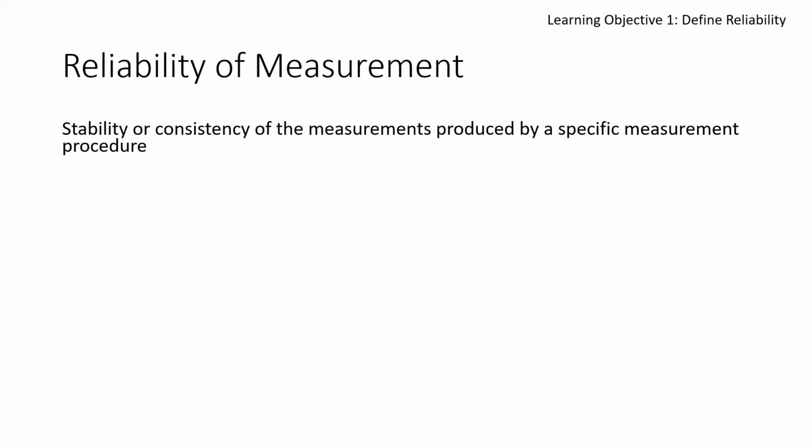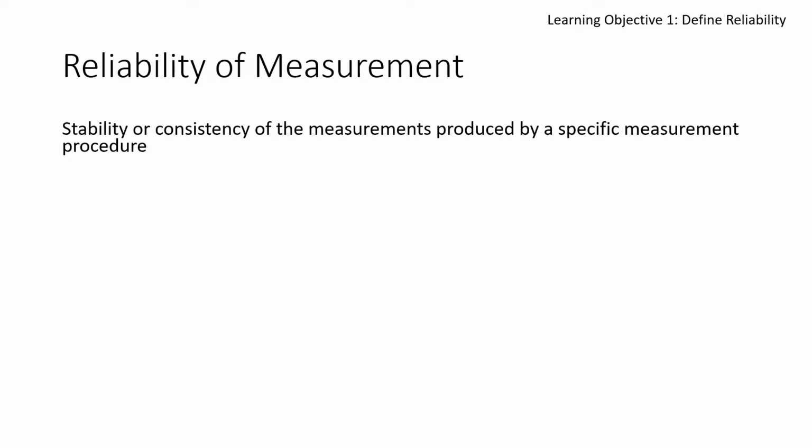Let's talk about reliability first. And again, like I said, this first learning objective is pretty easy. Define reliability. And it's not just define it, but be able to understand what reliability means. So reliability is stability or consistency of the measurement procedure by a specific measurement procedure. So if you're using the same procedure, high reliability means you'll get the same results over and over again.